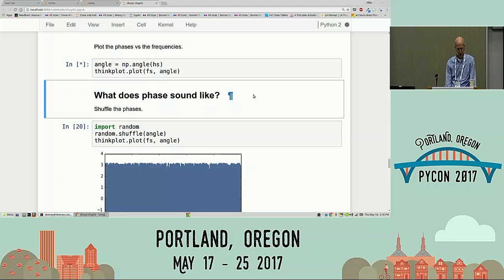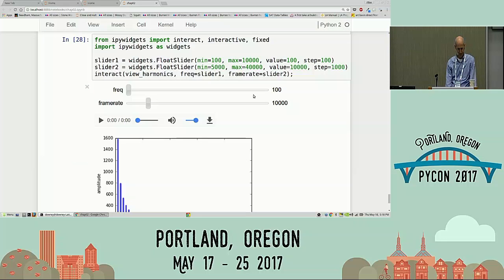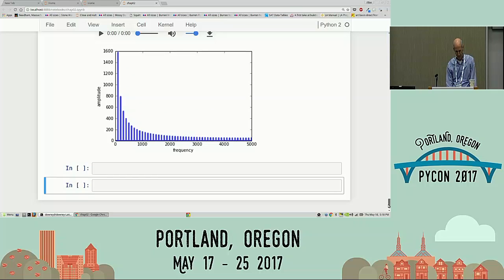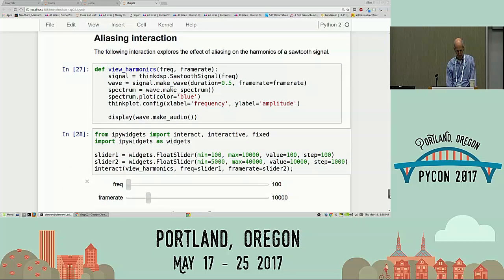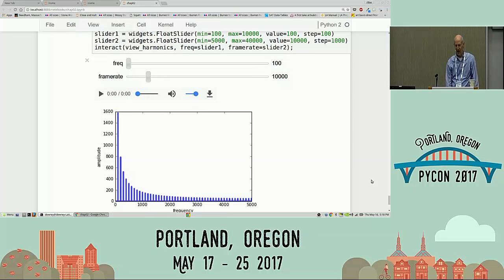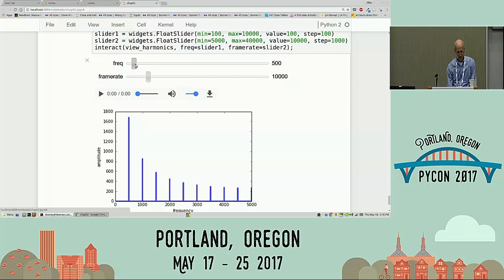to take, I think it's a sawtooth, I forget what the example is. Yes, it's a sawtooth. So this is just a signal that has lots of nice high frequency components. And you can change what the fundamental frequency of the signal is. So let's maybe just crank that up to 500. Okay.